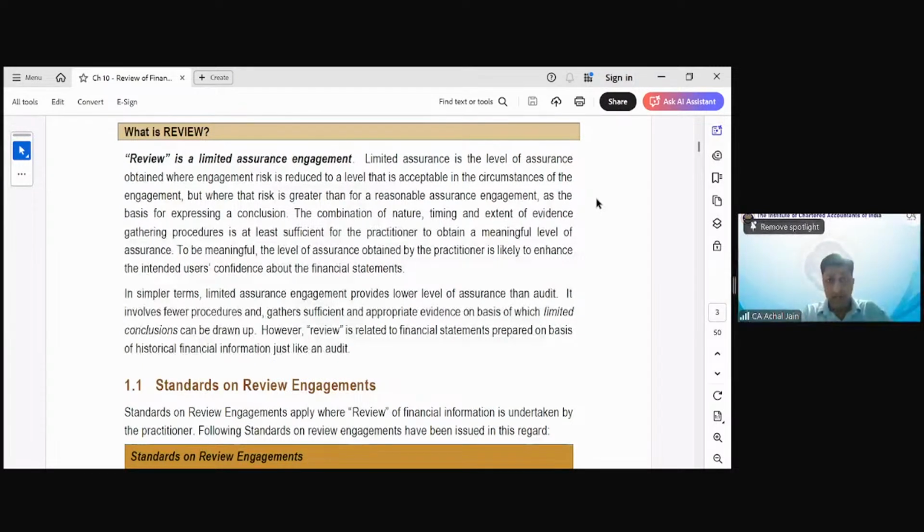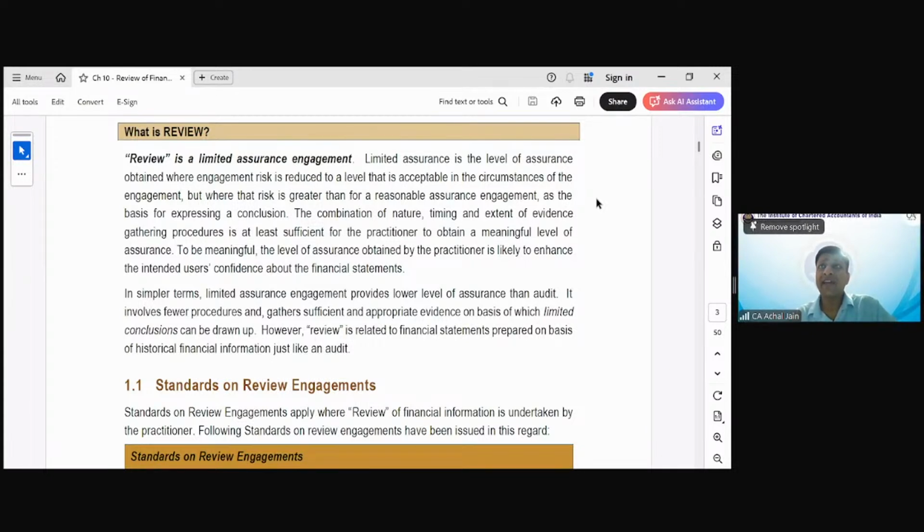We are going down one level from reasonable to limited assurance. Now, what is this limited assurance? It's not a high level of assurance. It's a level lower than reasonable assurance. This limited assurance is what you have in case of review.